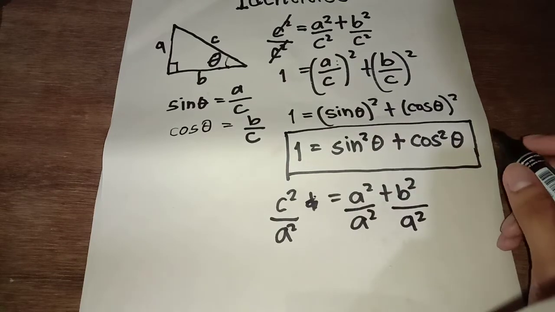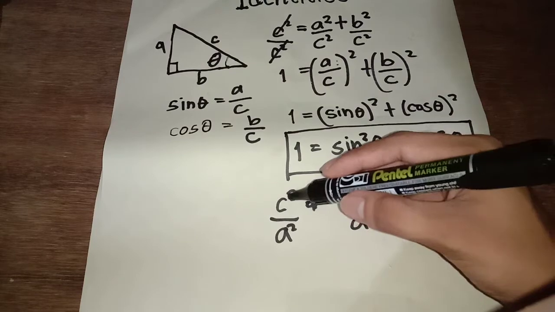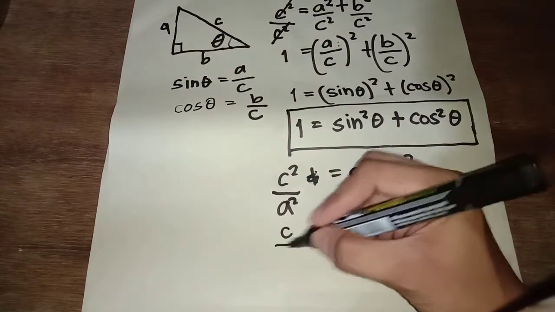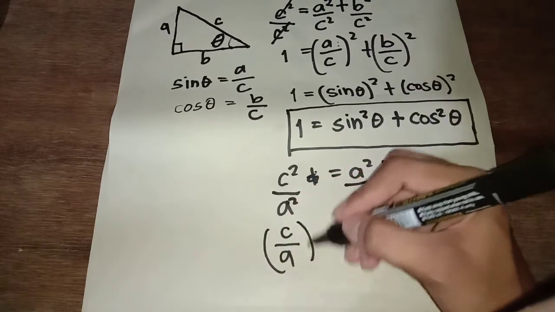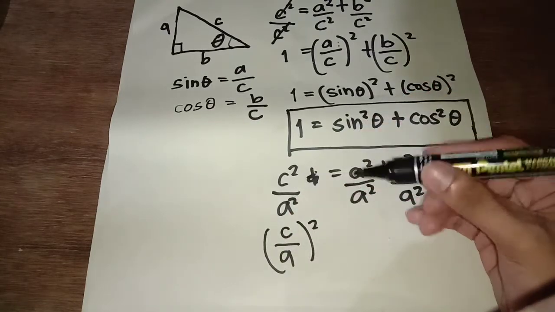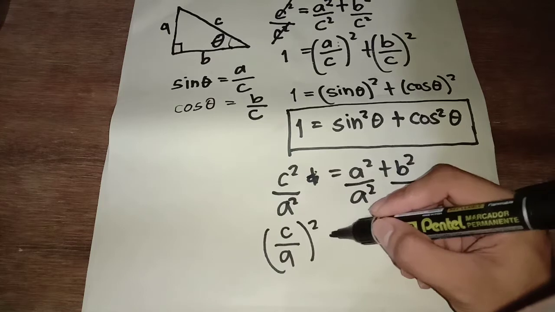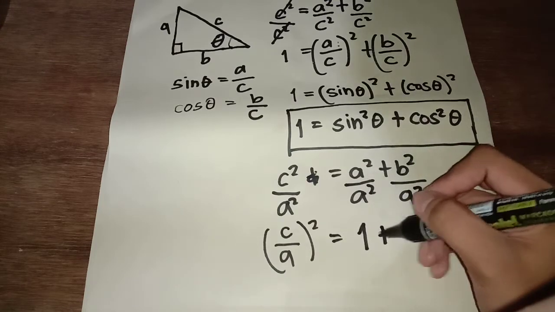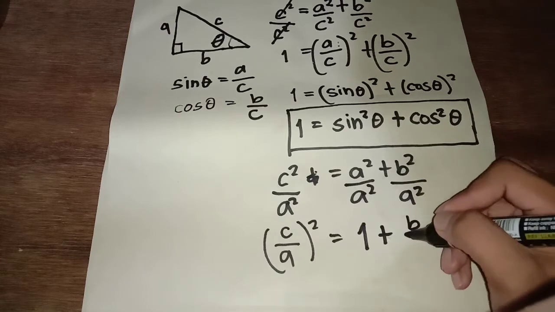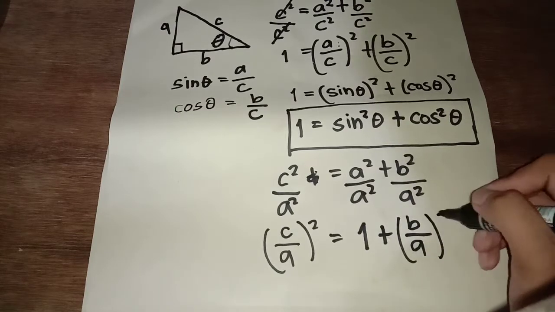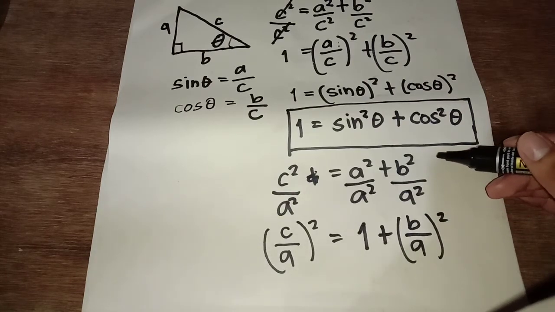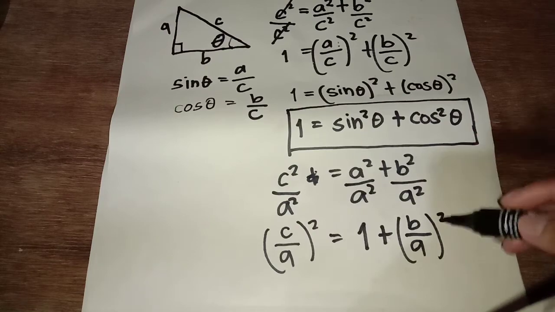So c over a squared, that is just equal to this. So is equal to a squared divided by a squared, that is 1, plus b over a squared. So galing ito sa laws of exponents.